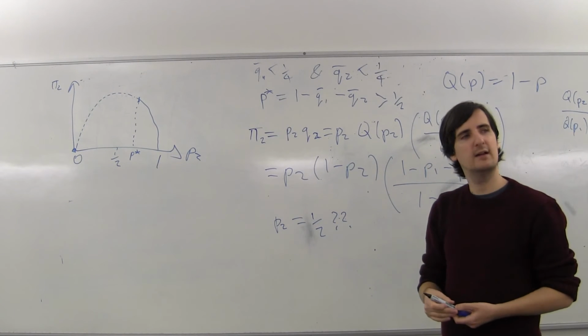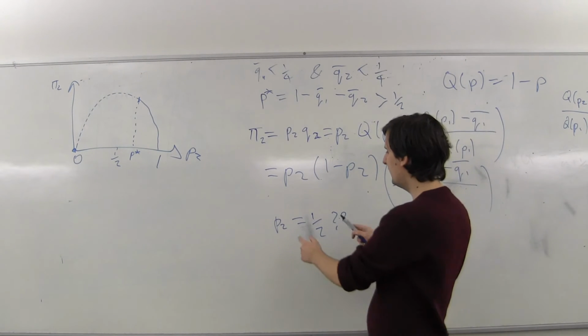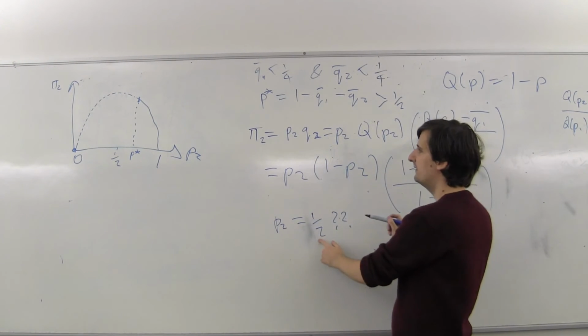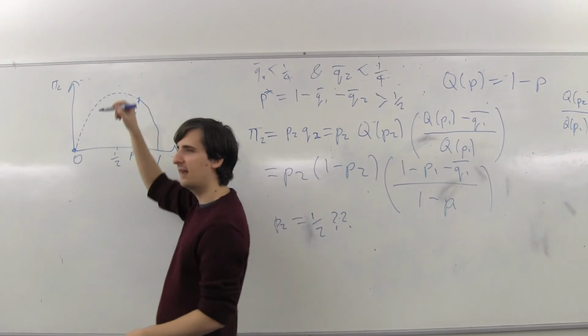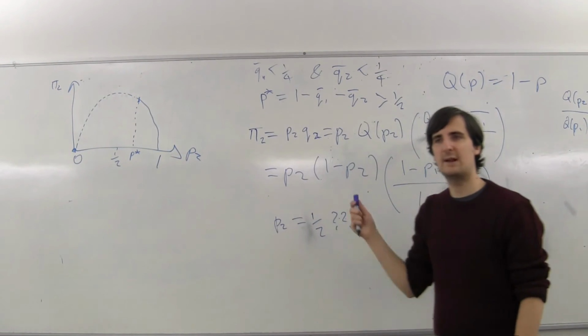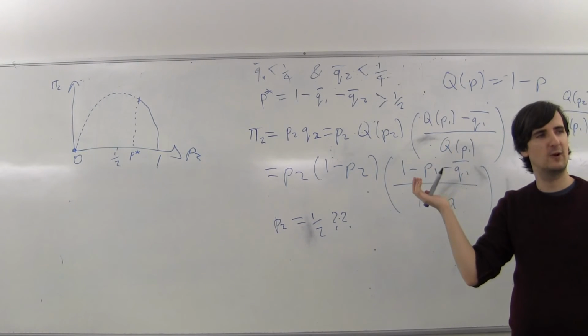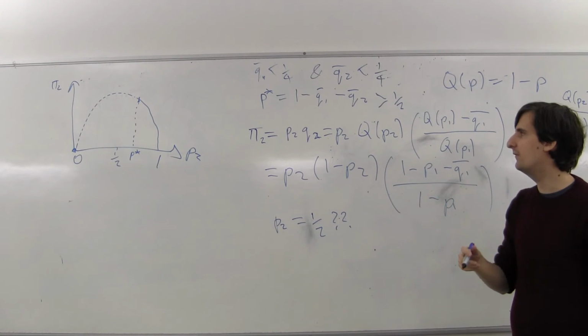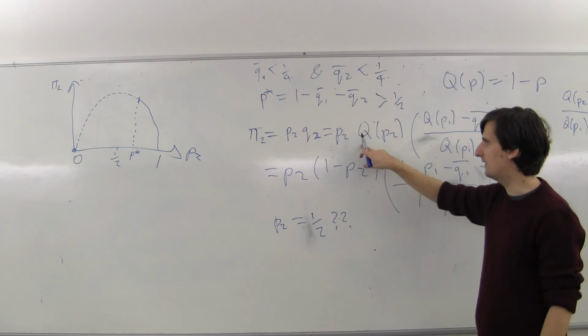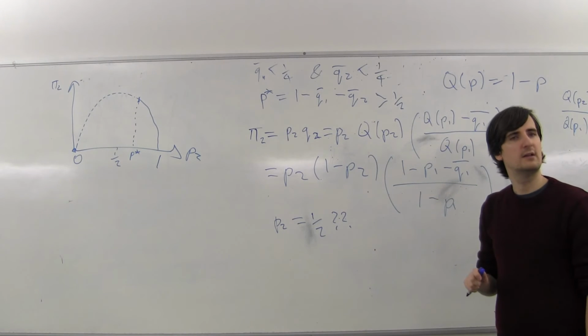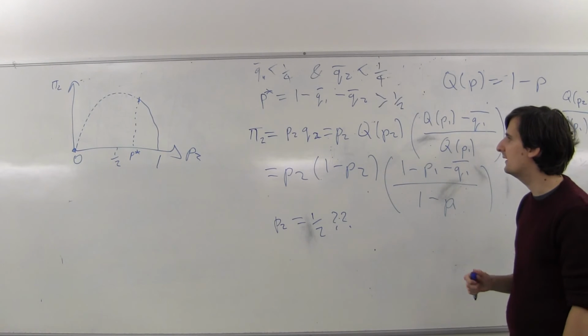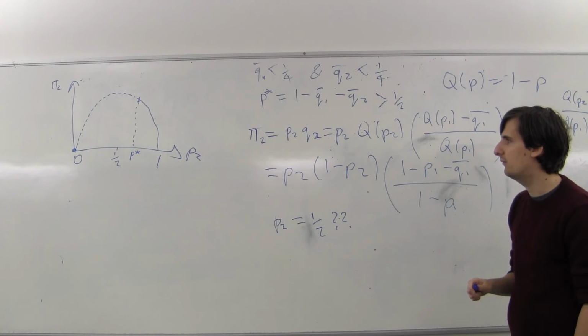So it's slightly confusing. I know you might think, look at this, P2 must equal a half. But if it set a price of a half, then it would hit its capacity constraints, and its profits wouldn't actually be given by this expression at all. So that's why it's slightly confusing.